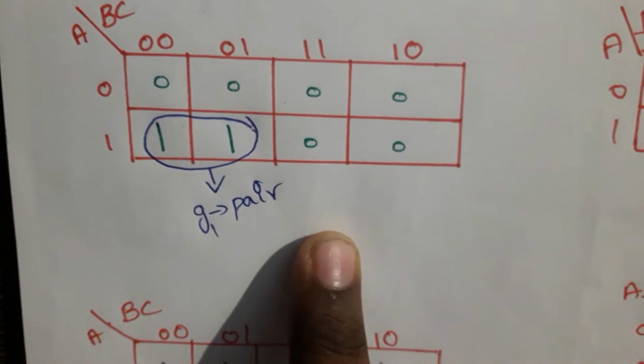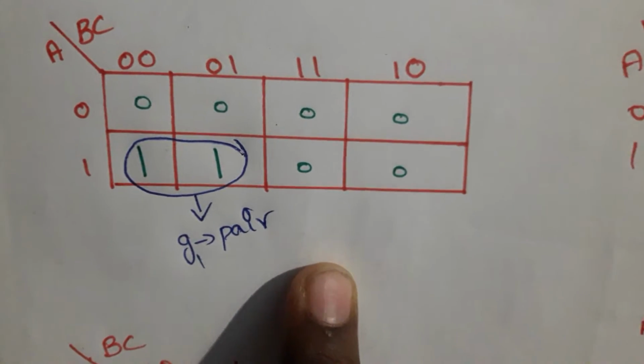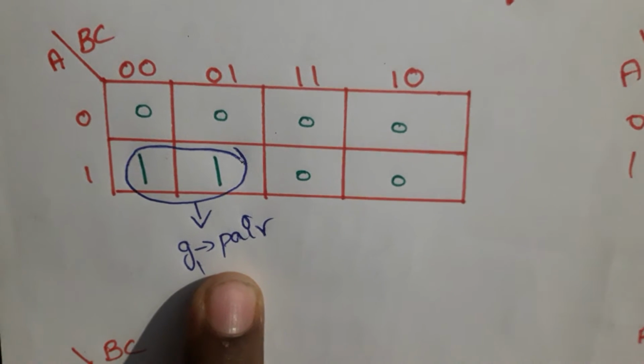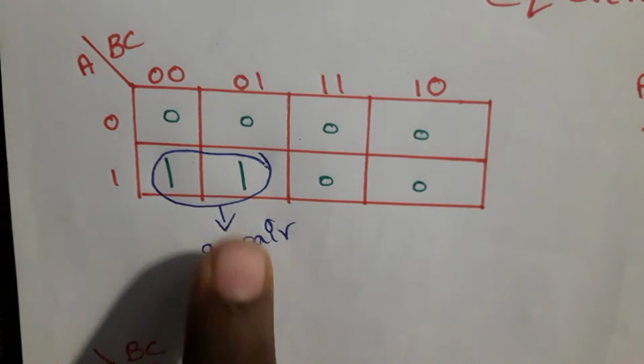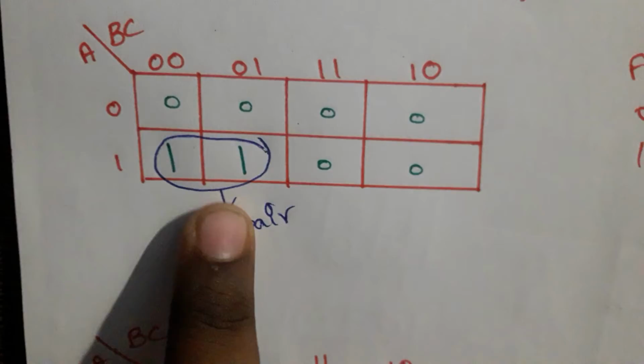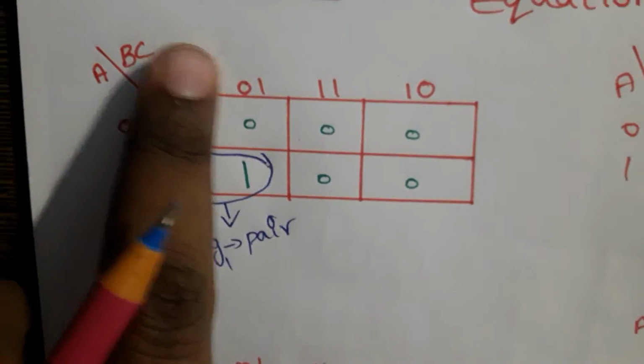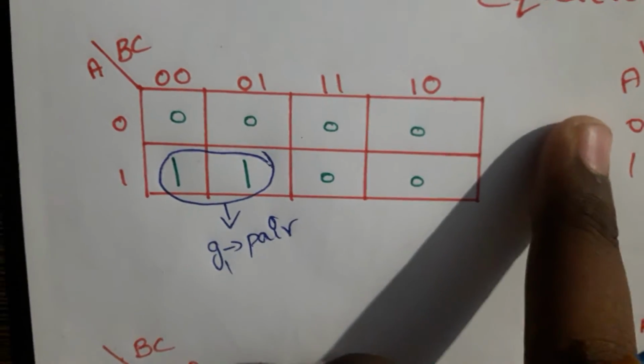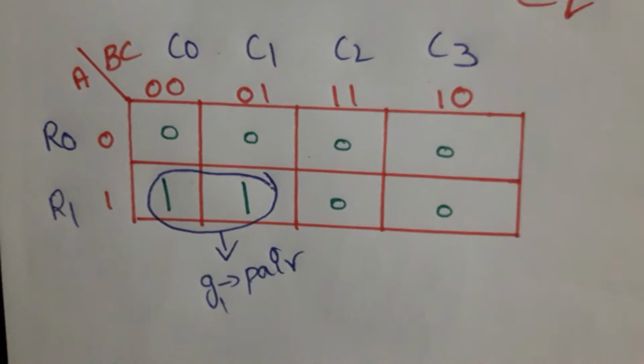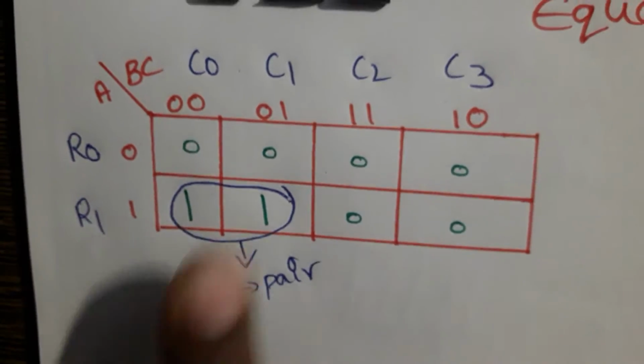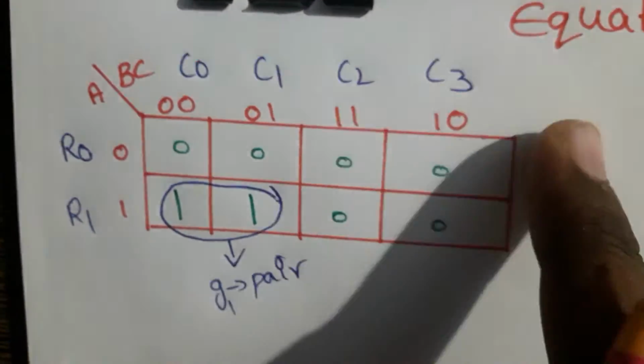To write the equation, first of all we need to check in which rows and columns this group 1 is covering. These are the rows, R0, R1, and these are the columns C0, C1, C2, C3.